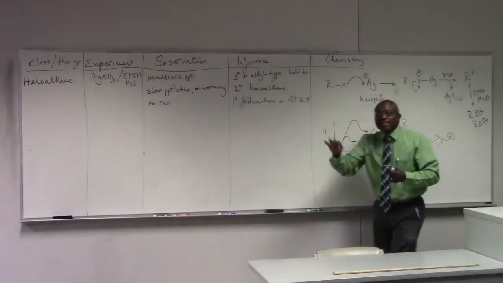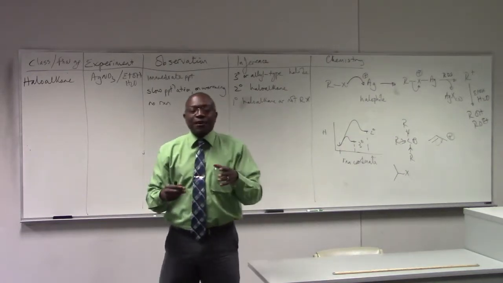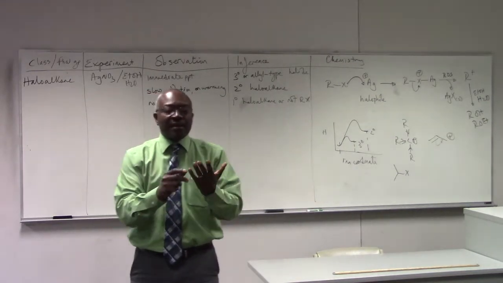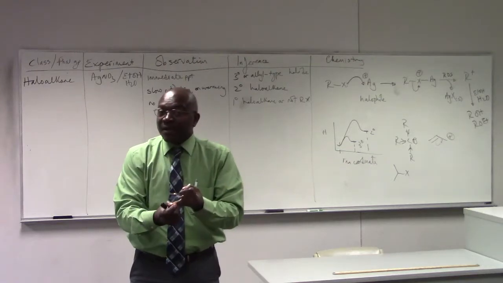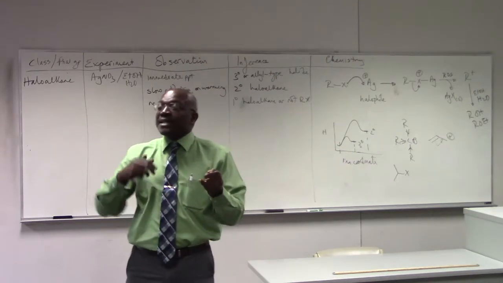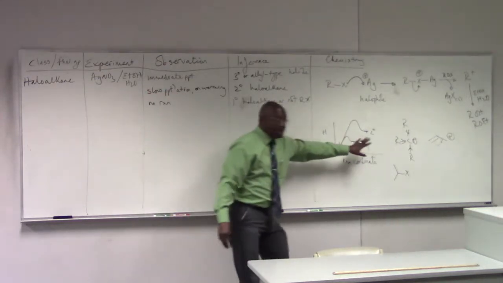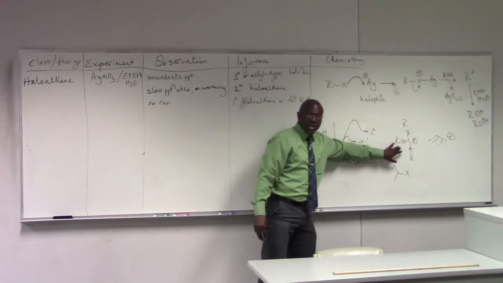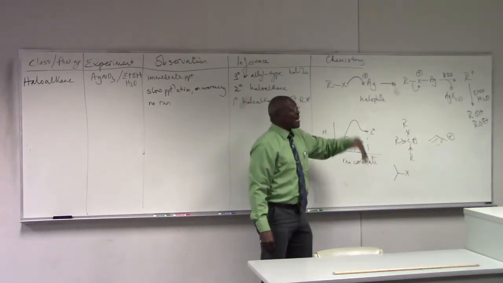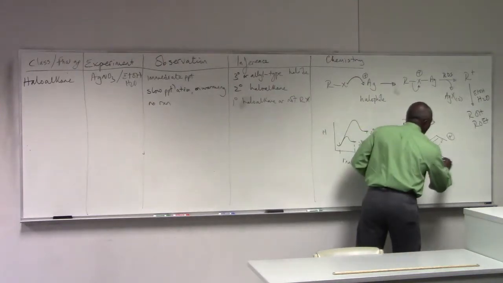So the rate at which the precipitation occurs is indicative of the character of the haloalkane. If it forms rapidly, that is going to be a tertiary or allyl halide, because that leads to the stabilized, either inductively stabilized tertiary carbocation, or the resonance stabilized allyl or benzyl carbocation, right? Allyl or benzyl.